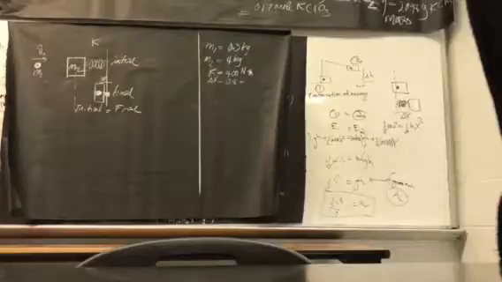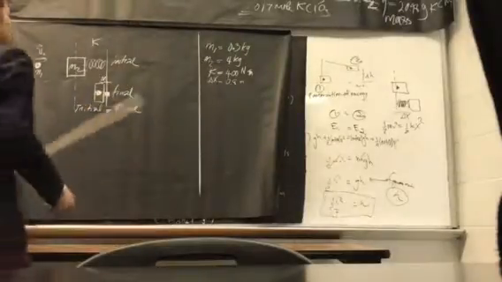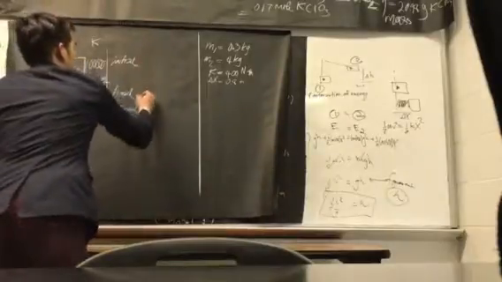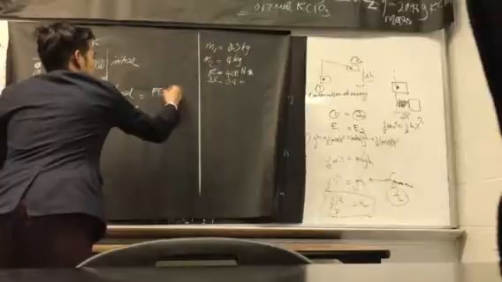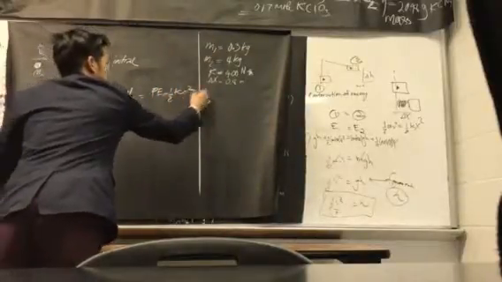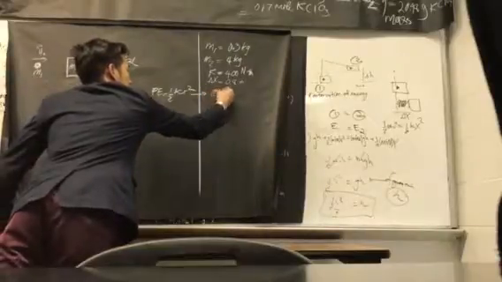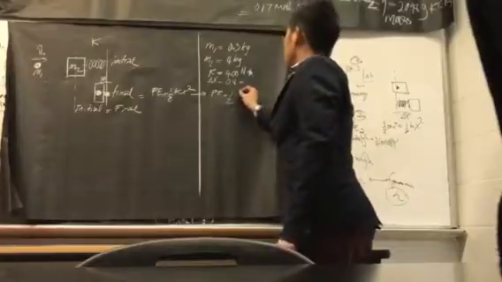So I'm going to put that on the side right here. That energy is potential energy, which is equal to 1/2 kx squared. And you substitute your values. So that would be 1/2, what's my k? Your K is 400.